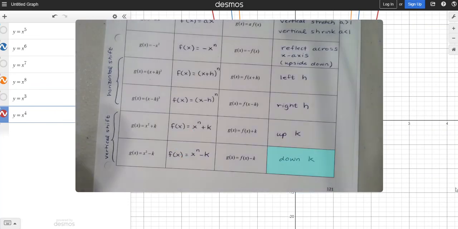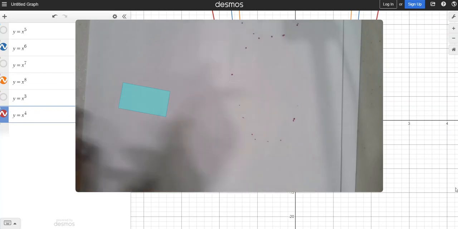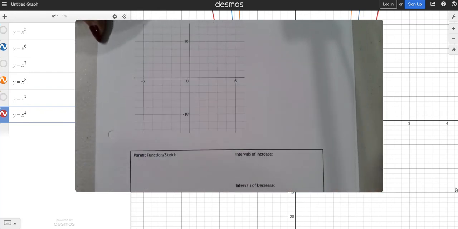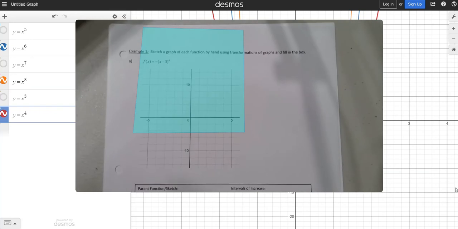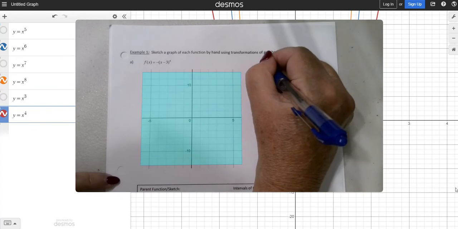All right, so we are ready to do a little graph shifting. We're going to try and sketch each graph using the transformations, and then we'll fill in the information in the table. So I'm going to start here by saying, let's think about what the parent function would be.